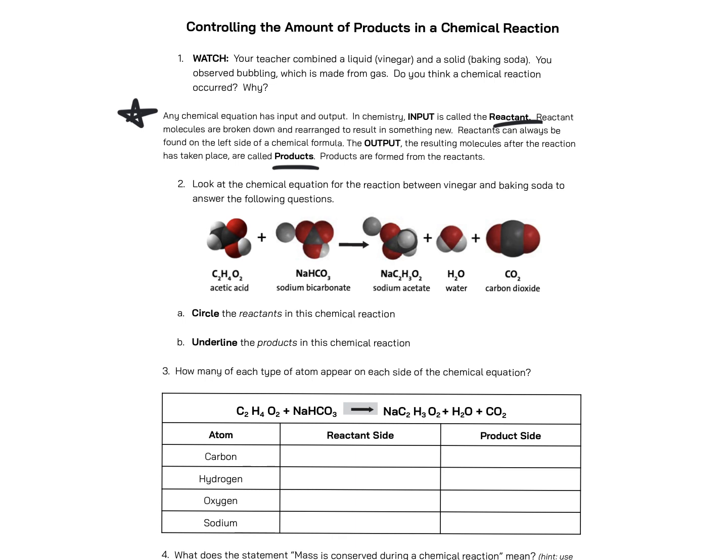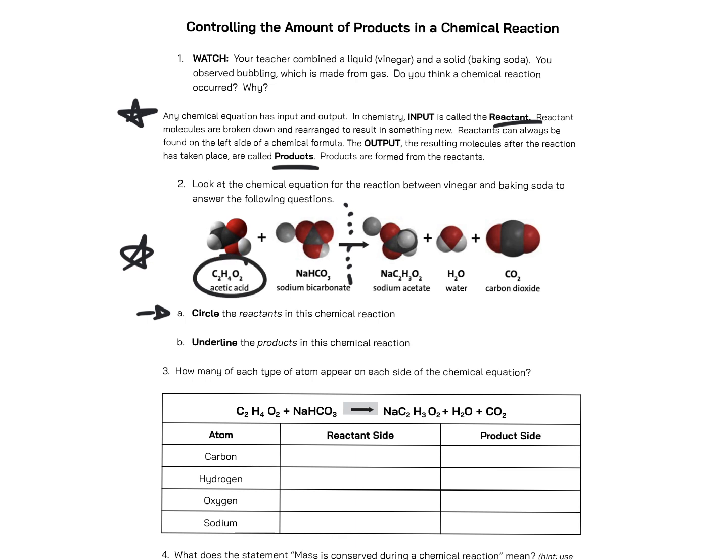Okay, look at the following chemical equation for the reaction between vinegar and baking soda to answer the following questions. Okay, and what we get here is a chemical formula right here. And we also have a couple questions here that say circle the reactants. The reactants are going to be anything on the left side of the dash line that I drew.